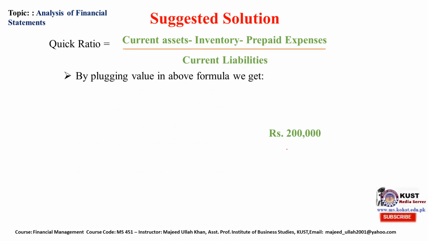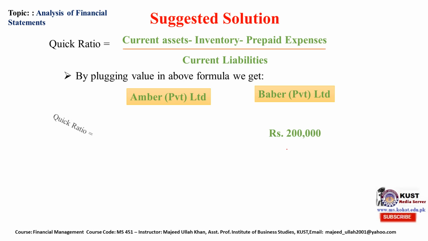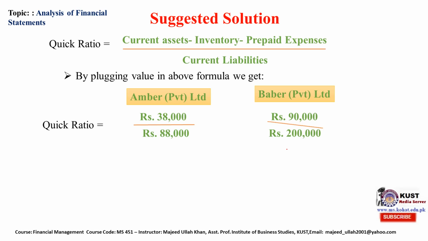By plugging values in the above formula for Amber Private Limited and Babar Private Limited, we calculate the quick ratio, that is 38,000 divided by 88,000 and 90,000 divided by 200,000. 32 and 34.